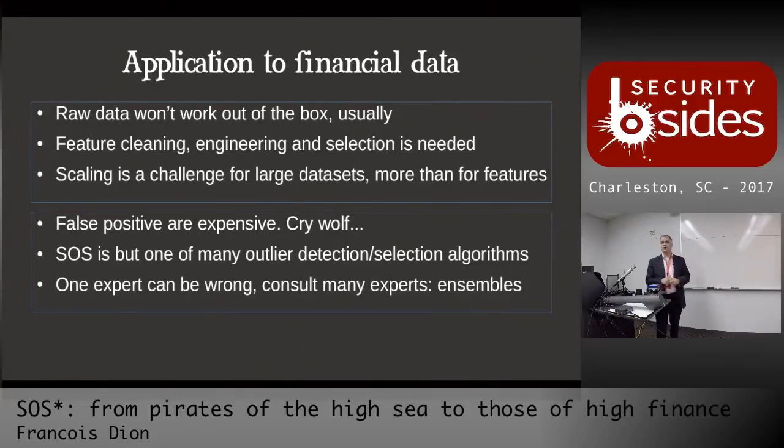The one thing that you will learn, and you've learned already if you've been doing information security for a while, is that the data that somebody gives you that is supposedly clean and incredibly accurate usually is not. There's missing values, there are errors, there's indexing issues, there are all kinds of stuff, right? So the raw data itself probably doesn't work out of the box.